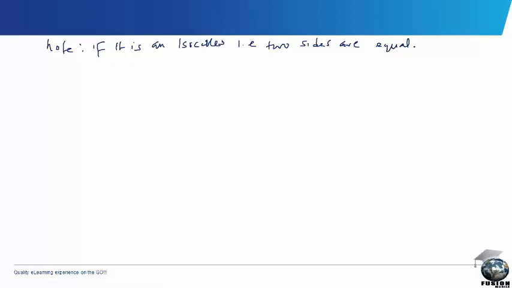You do not need to be told again that their angles will be equal too. So if two sides are equal, the angles opposite the two sides will also be equal.